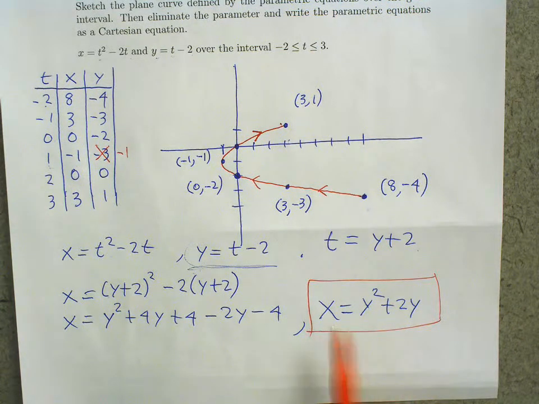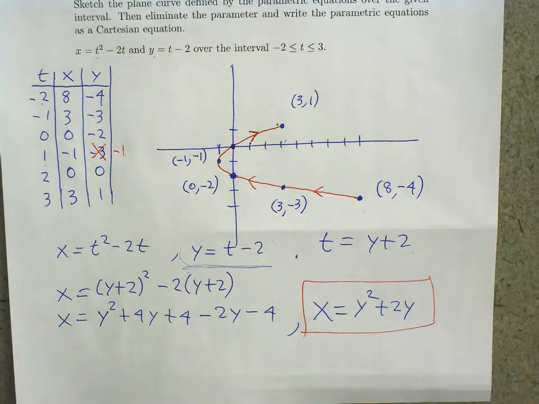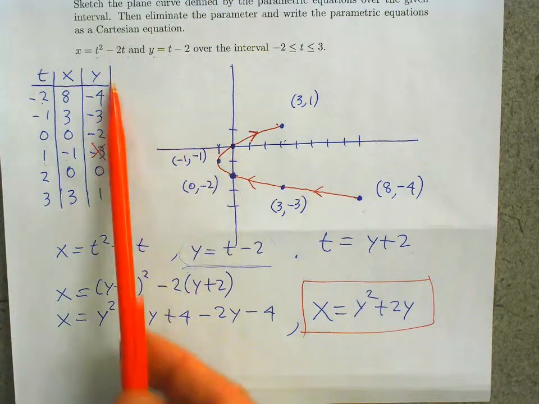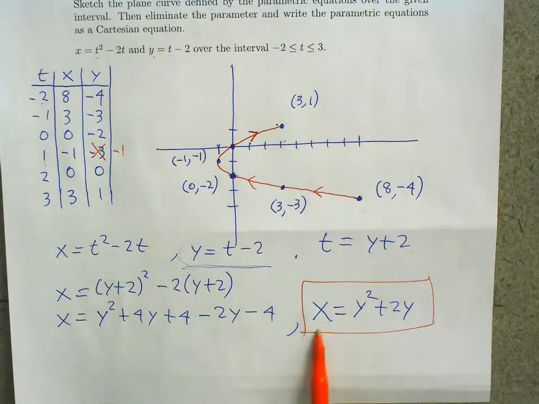By Cartesian, it is meant that it's expressed in terms of x and y. Okay, well, again, the difference between the Cartesian equation and the parametric equations is the Cartesian equation does not indicate any orientation.